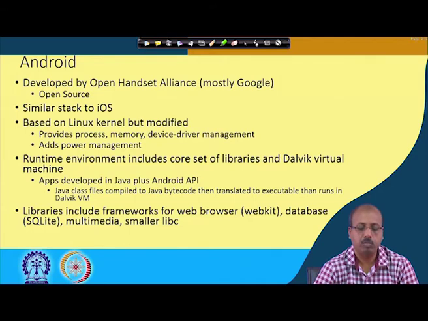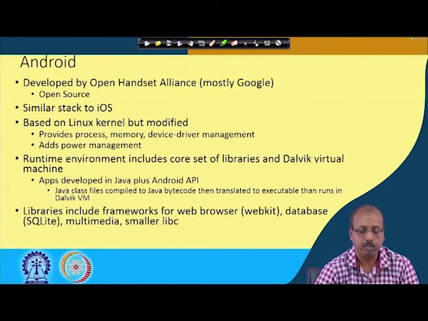The runtime environment includes a core set of libraries and the Dalvik virtual machine. Apps are developed in Java plus the Android API. Java class files are compiled to Java bytecode, then translated to an executable, and then run on the Dalvik VM. These are the standard Android development environment.